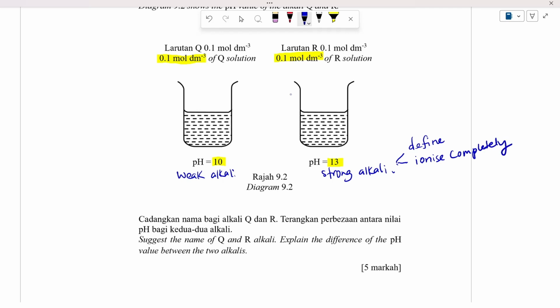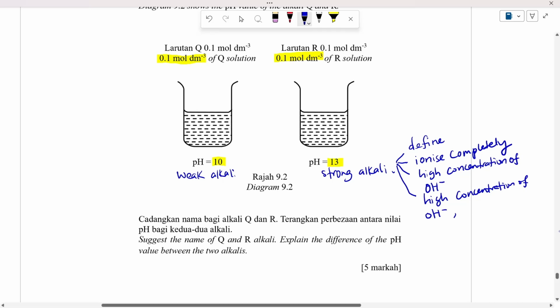Then concentration: high concentration of hydroxide ions. Then you mention higher concentration of hydroxide ions. How is the pH? Higher pH.